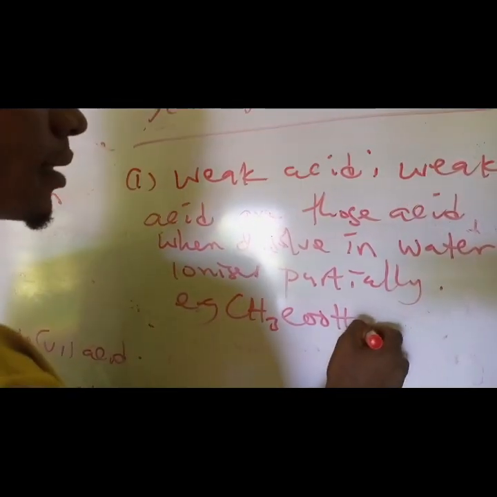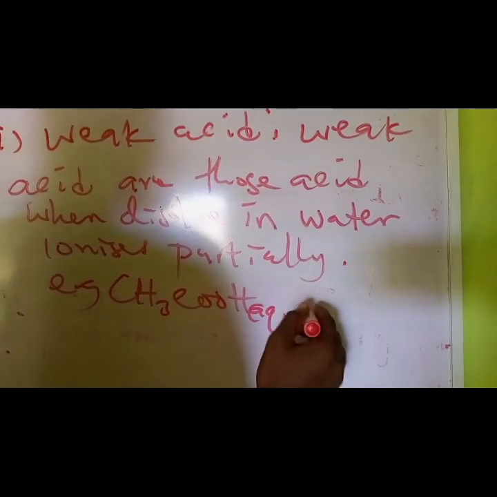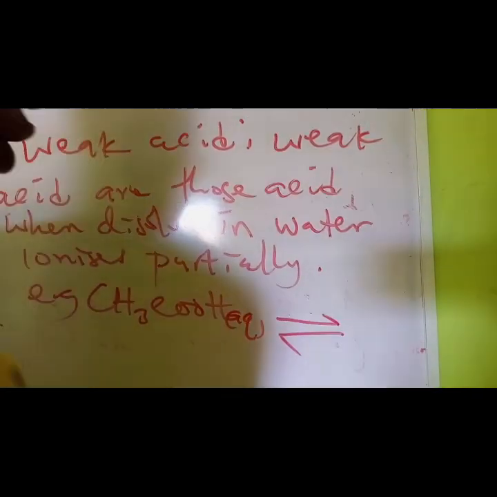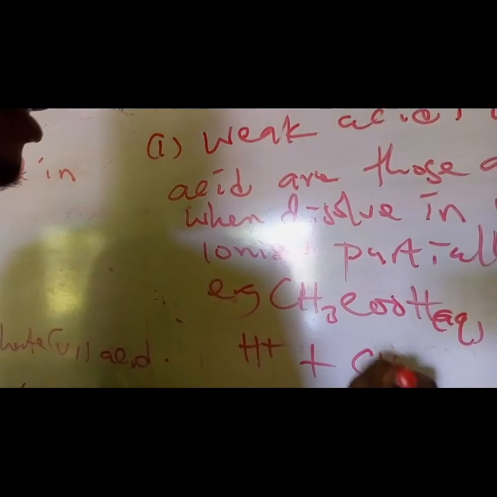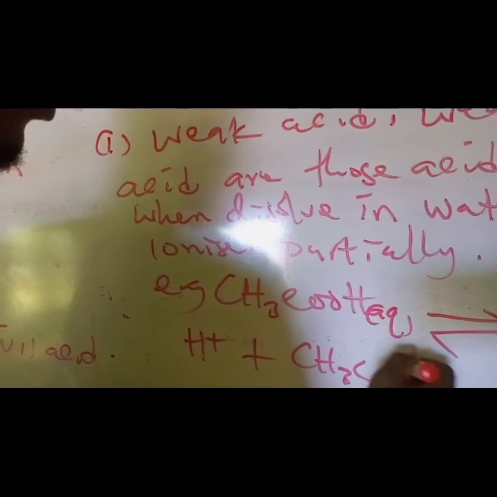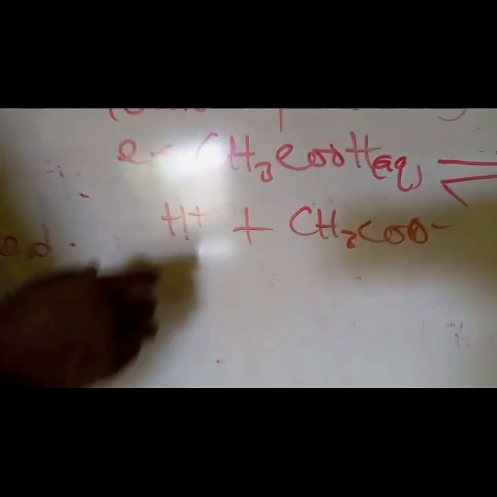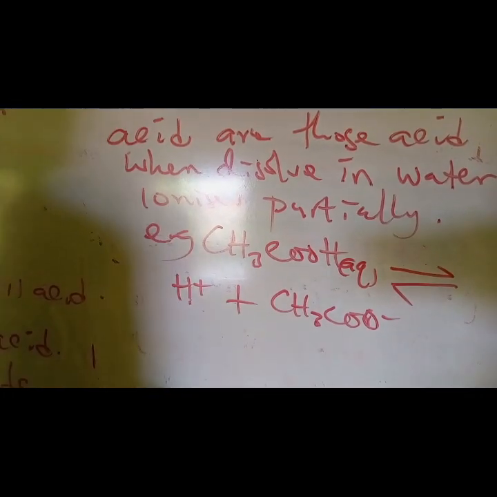When you dissolve this in water by making it aqueous, what will happen? It is going to dissociate into H plus and CH3COO minus. This is an indication that this is a weak acid, because about 0.04% of this hydrogen ionized when you dissolve this in water.